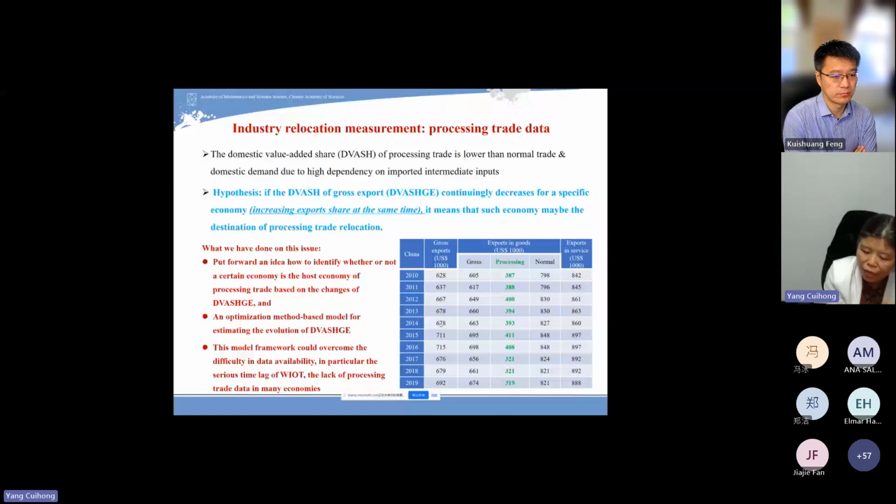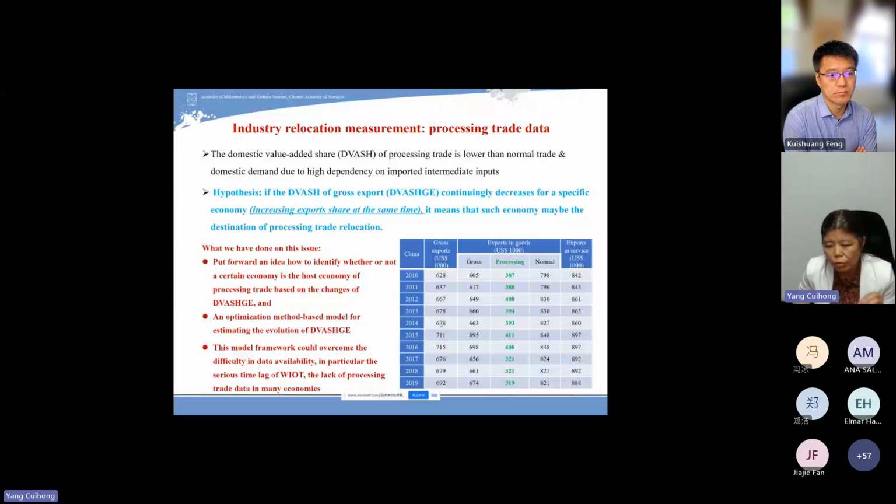So if we would like to capture the domestic value-added share of processing export, it's not easy because we have no data. This is why we ask for the help of an optimization method. So this is the major motivation.